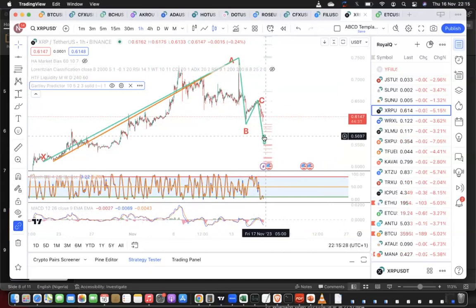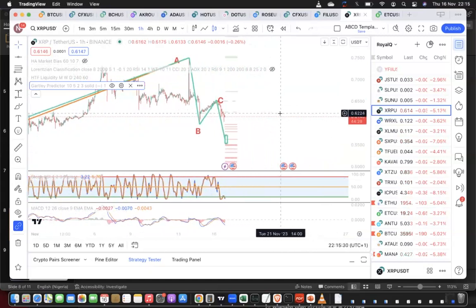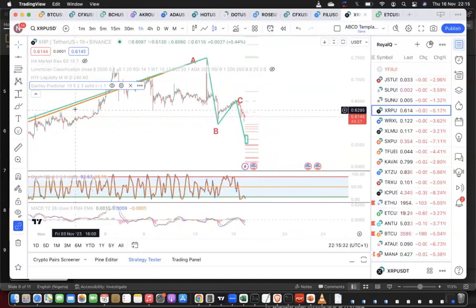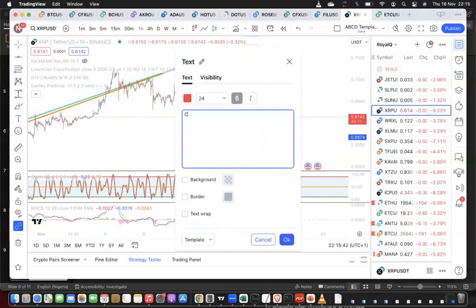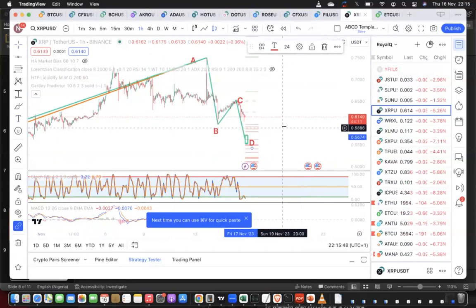Now it's going to go up. So for the sake of history and checking back, I'm going to put D here, because we're going to check back on this some other time and say, did this really happen?